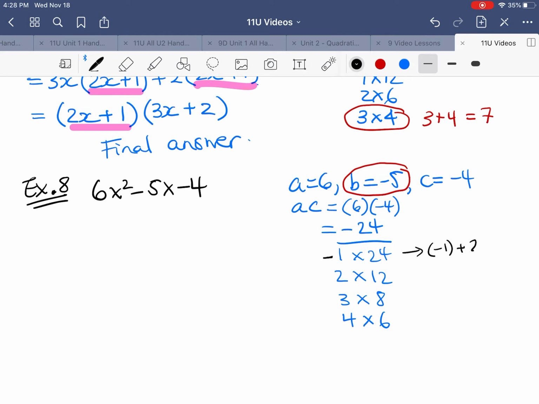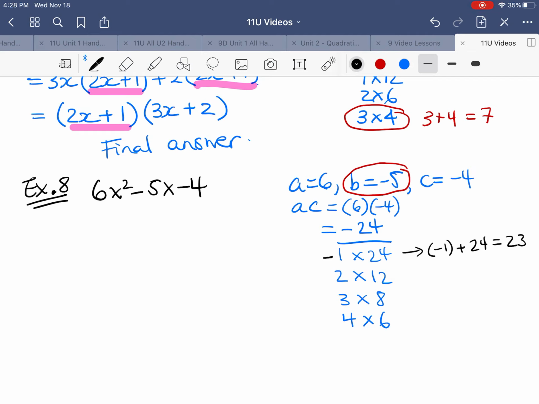But then if I added them together, negative 1 plus 24 gives me 23, not negative 5. And I need negative 5. You could play around with it the other way: positive 1 times negative 24 gives me negative 24, but positive 1 plus negative 24 gives me negative 23, and so on.